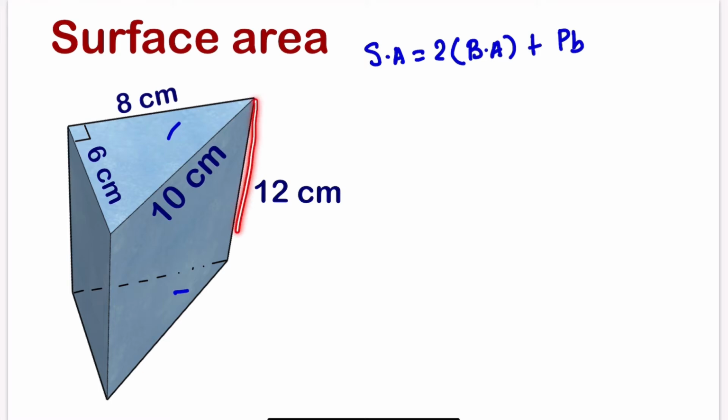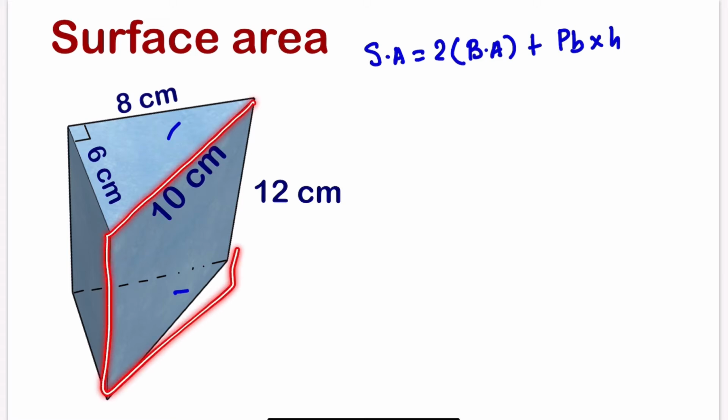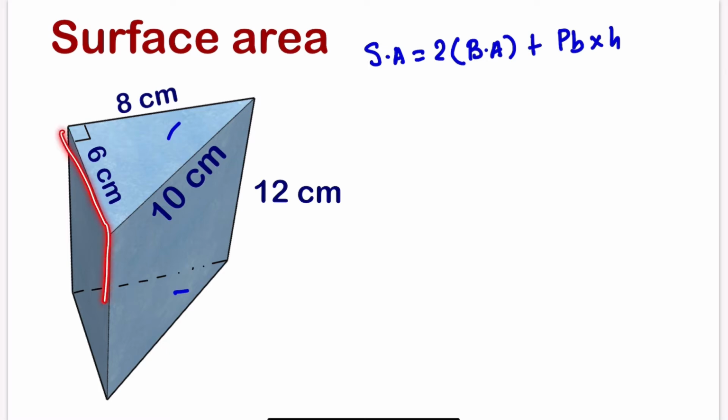Again, if we need to look for the area of this, as I said, the height will remain 12. The area of this, the same, the height will be 12, and the area of this other part, we're going to have 8 times 12. But doing it using this formula is faster and more accurate.